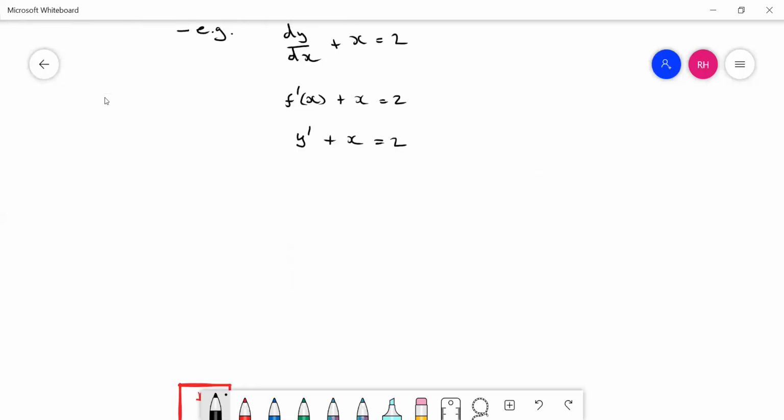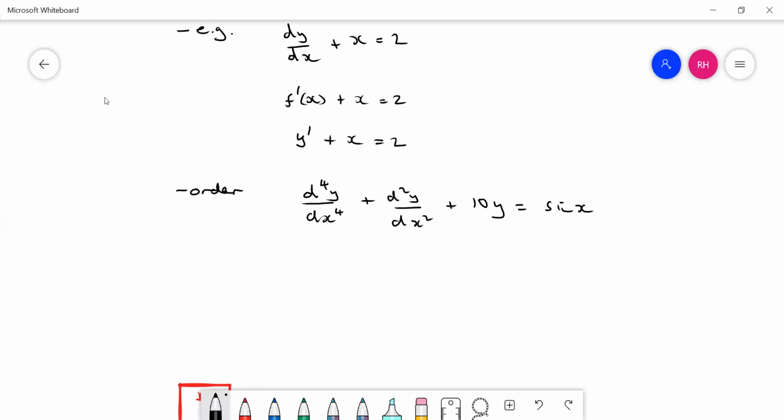Let's put another example. This is to do with the order of the differential equation, which we'll need in distinguishing between the differential equations. So we might have something like d to the fourth y over dx to the fourth, the fourth derivative of y with respect to x, plus the second derivative of y with respect to x, plus 10y equals sine x.